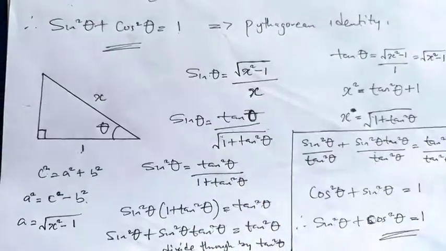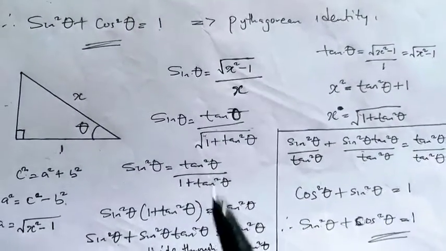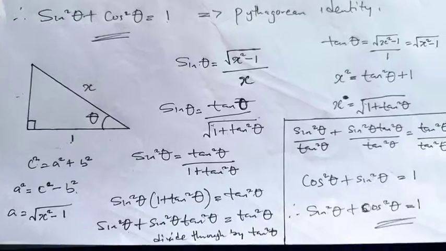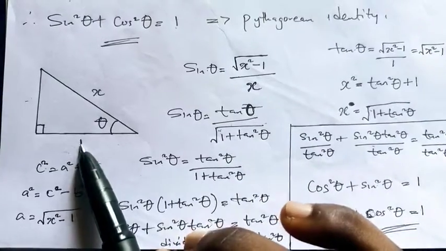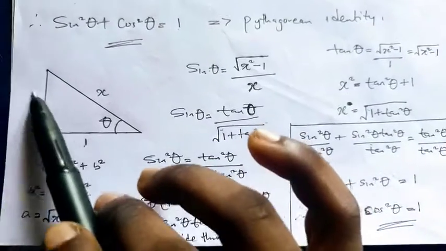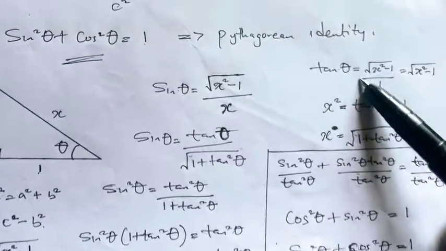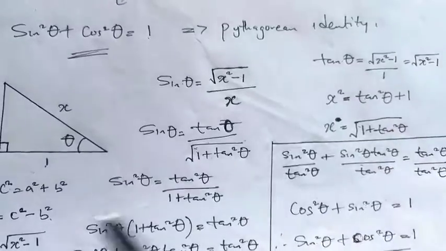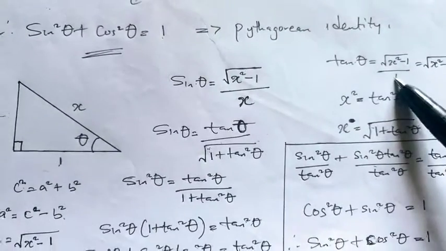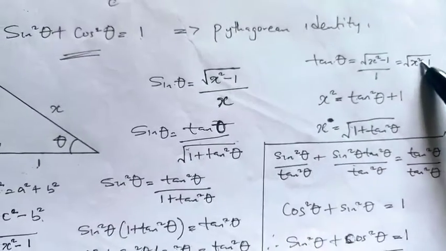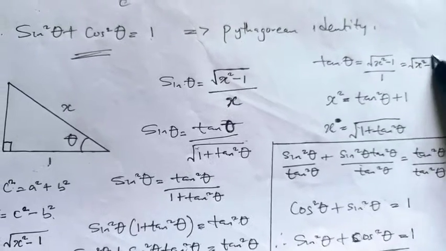But there's something we need to evaluate here, which is the tan theta. And tan theta is giving us the opposite over the adjacent. The opposite is what we derived from the Pythagoras theorem over the adjacent, which is 1. So my tan theta is simply equal to this.